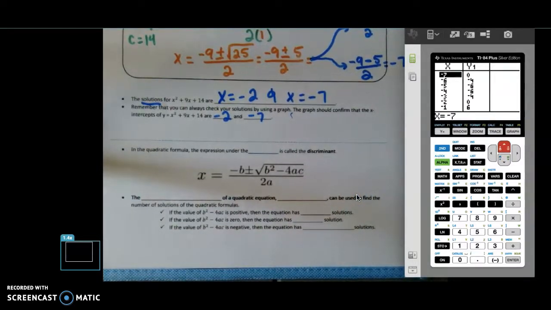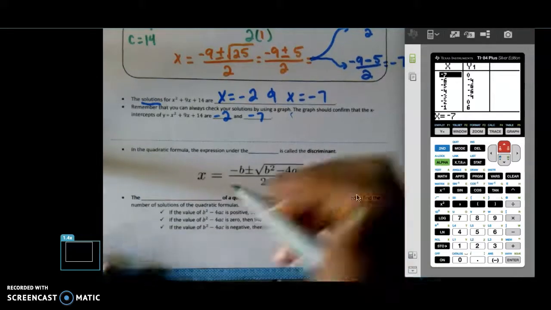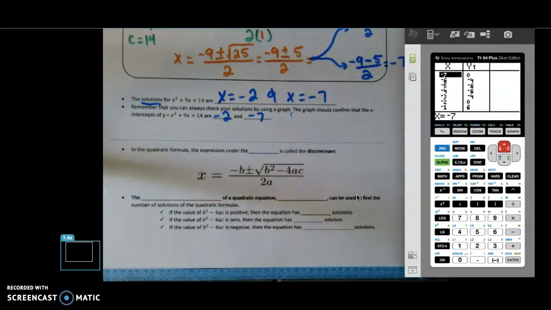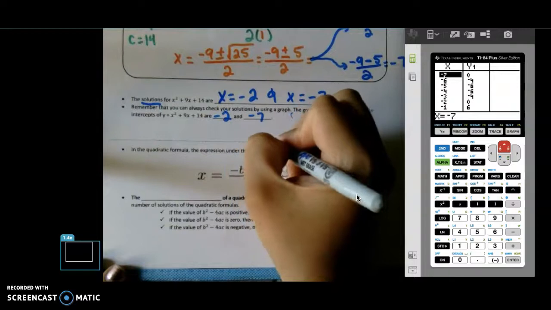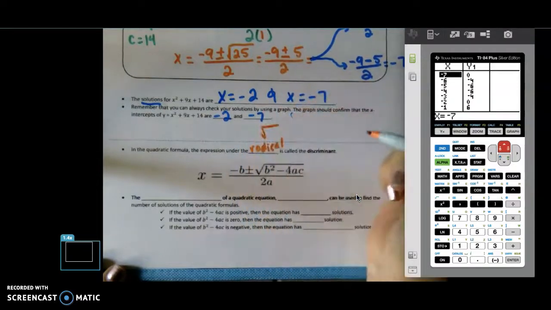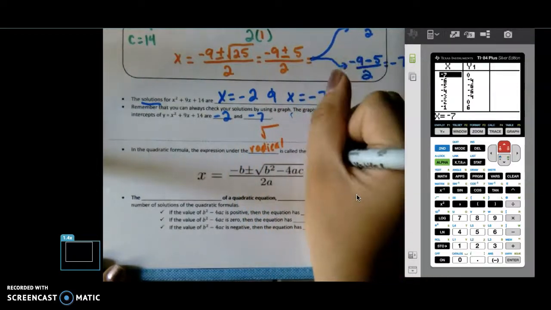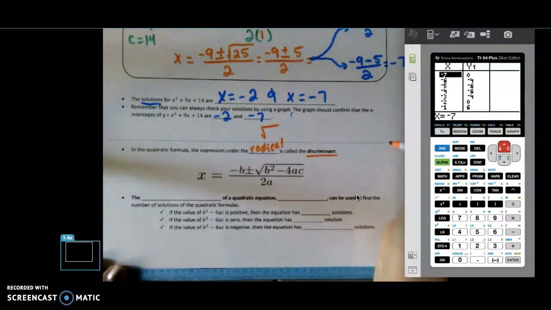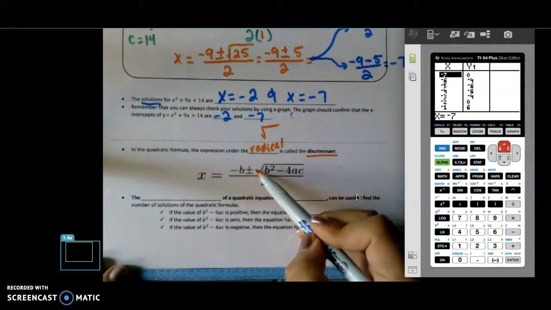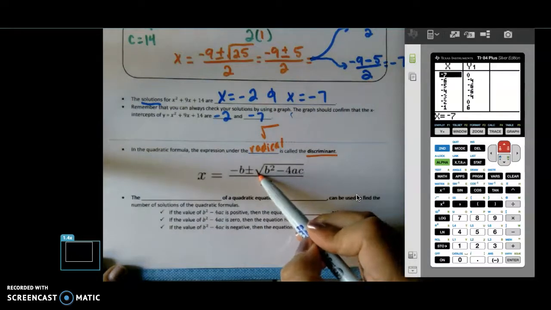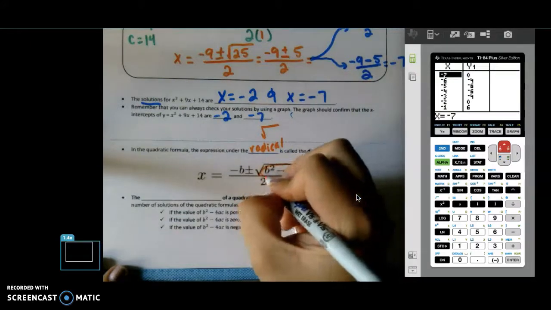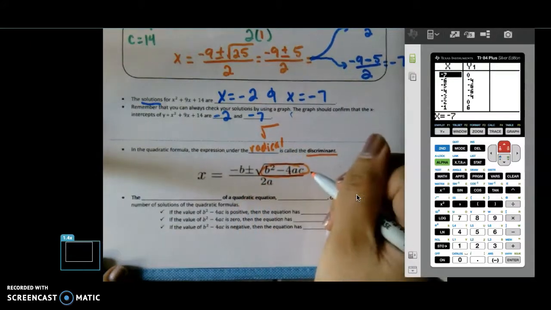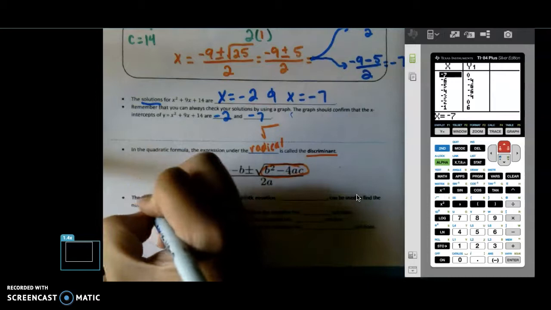In the quadratic formula, the expression in the radical is called the discriminant. So basically this is the radical, this is the discriminant. That's why I calculate this part first.